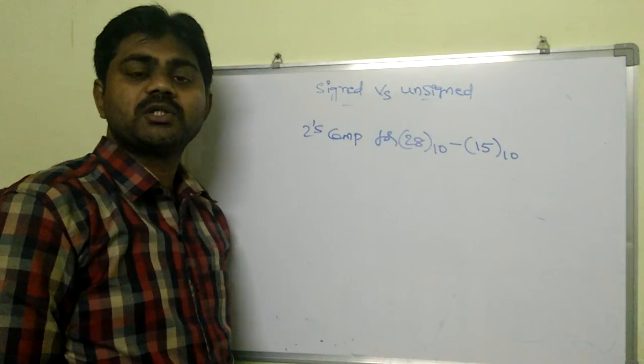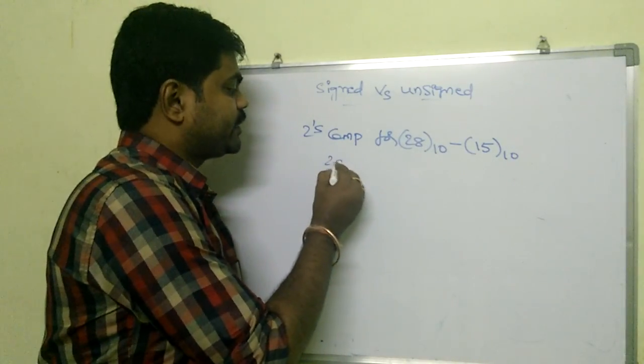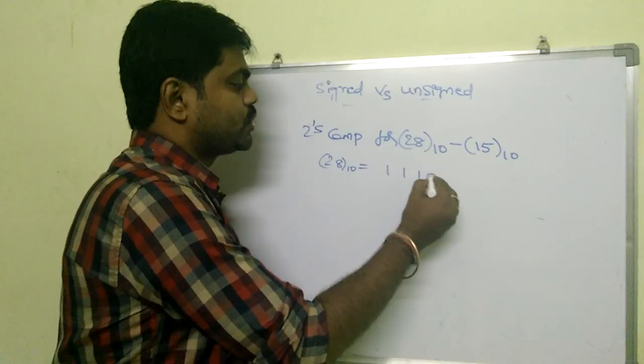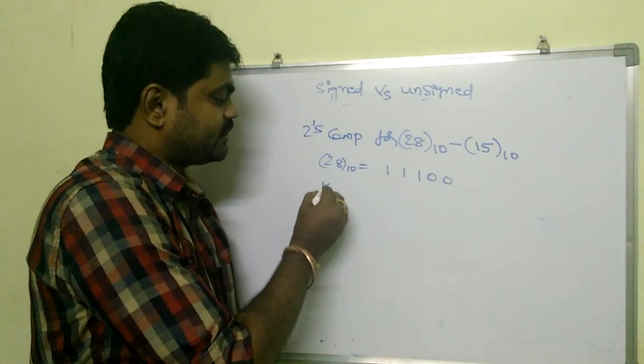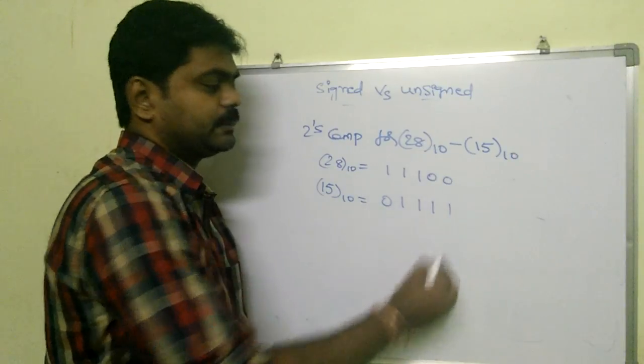It's a positive number, so we get the result as a positive number. First, write 28 of 10: 1, 1, 1, 0, 0. Next write 15 of 10: 0, 1, 1, 1, 1.